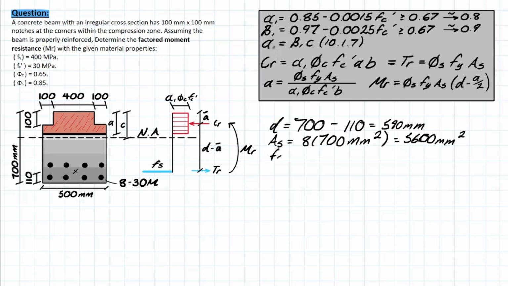So Fs in this case is going to equal Fy. And that just means that we're using the yield strength of the steel because the steel is going to yield in this problem. We also need to determine what this Tr is going to be, which is this section of the Mr equation. And that's very simple. We're just plugging in what we already know. So you have the resistance of steel, which is 0.85, times 400 MPa, and then the area of steel that we just solved for.